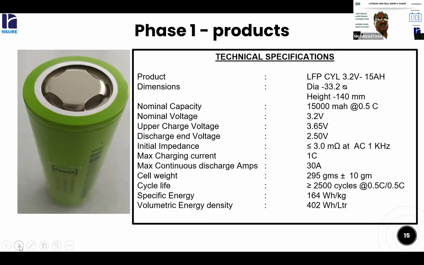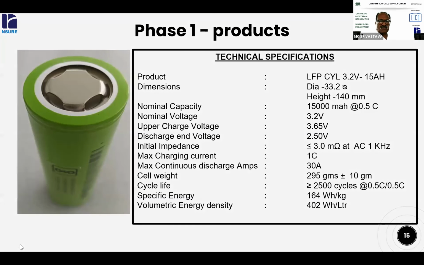If things go well in our R&D, maybe in a couple of years we'll be able to test bed that LFMP cell, matching the voltage of NMC with the safety aspect of LFP and the better cycle life of LFP. So this is the roadmap for Ensure's first 5 years of setting up lithium cell manufacturing for the Indian market.